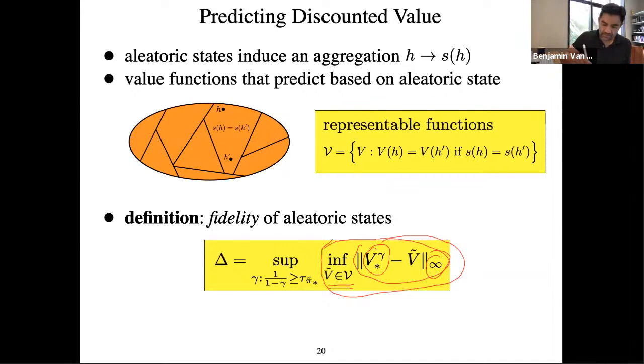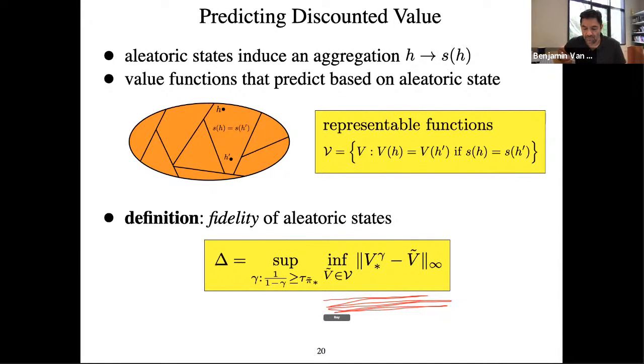Okay? So you can think of this term as the best I can do with respect to the sup norm if I'm generating predictions based only on aleatoric state. And then what I do here is I say, gosh, there's not one particular discount factor that I care about, but really I want to do this well over all sufficiently long discount factors.